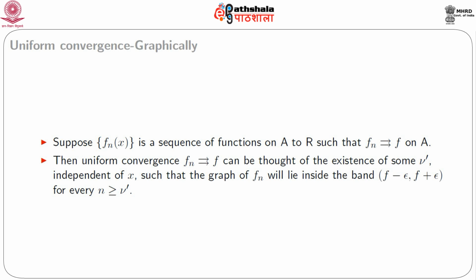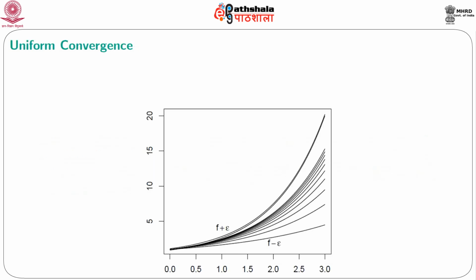Actually, the existence of such a band can be seen from the definition of uniform convergence. It can be seen from the graph that there is the curve of f plus ε, and there is the curve of f minus ε, and as we increase n, all the curves are enclosed within this band.